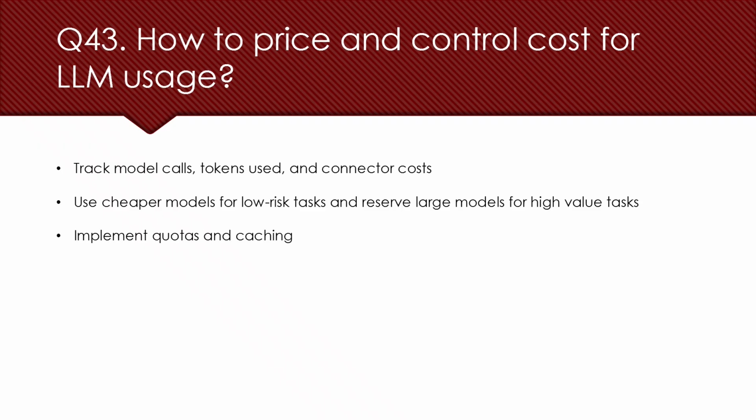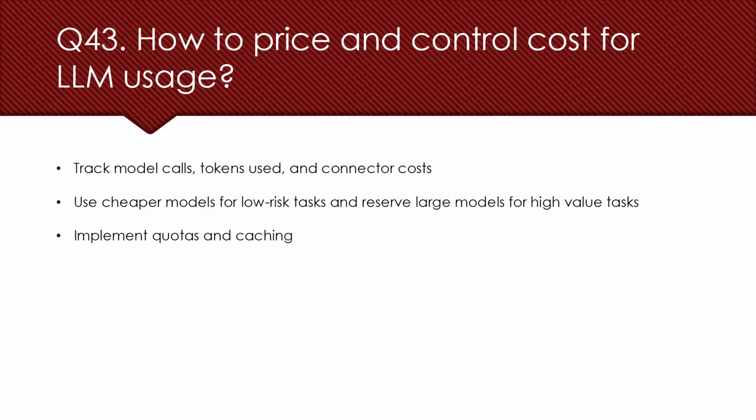Question number 43. How to price and control cost for LLM usage? This is a very, very important question to answer, because in terms of Copilot or LLM, everything is considered as tokens, right? LLM inference costs can add up.